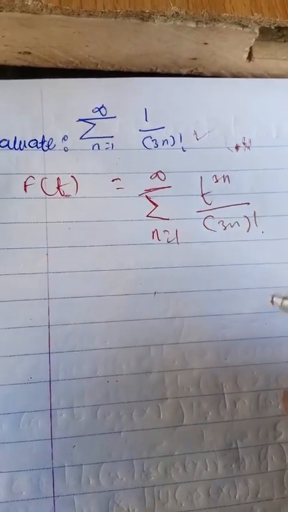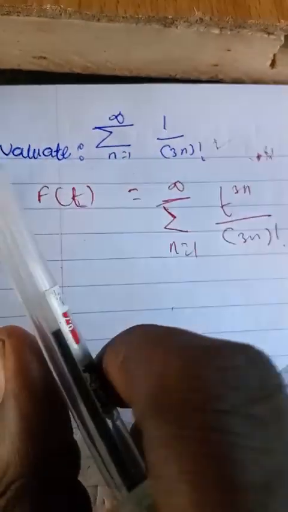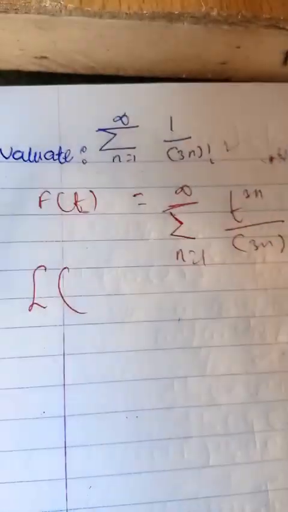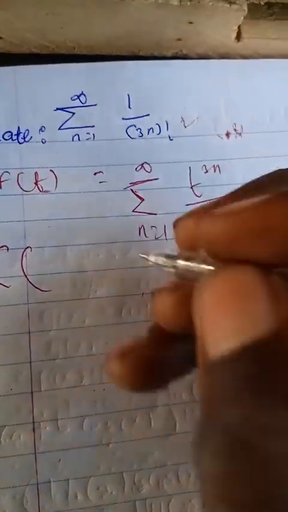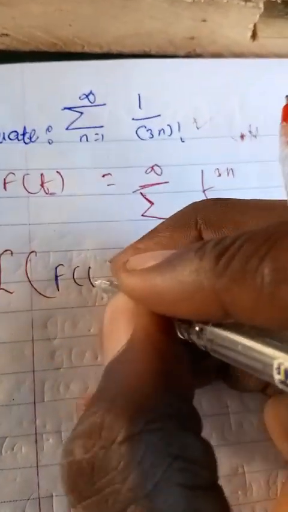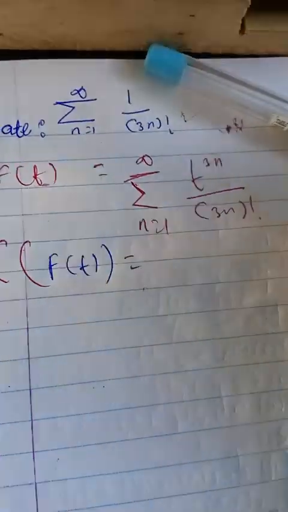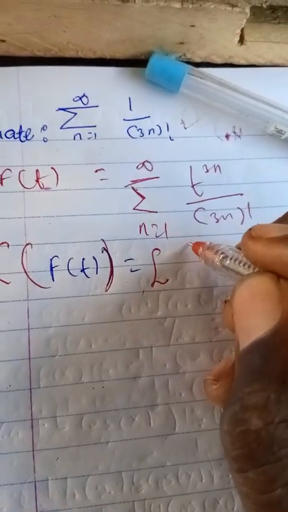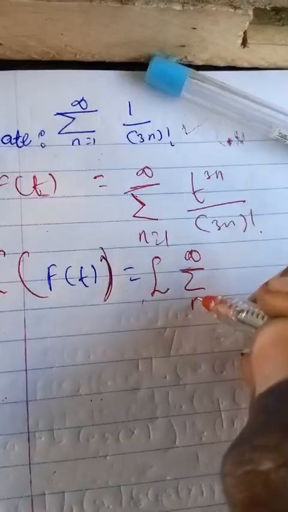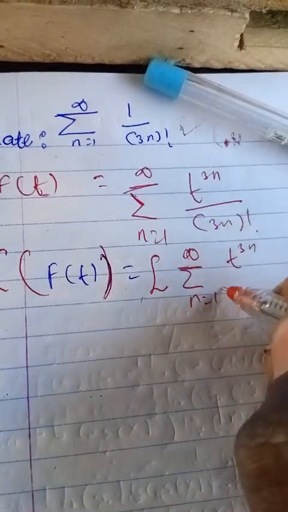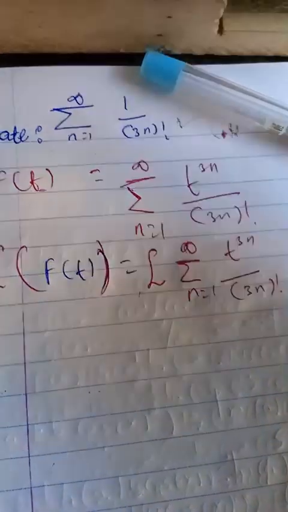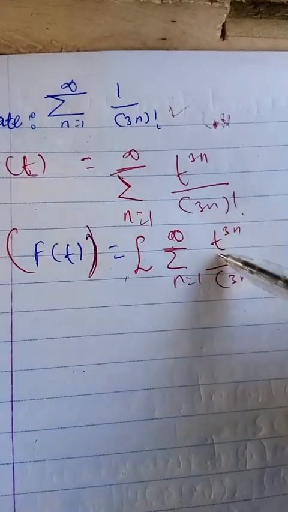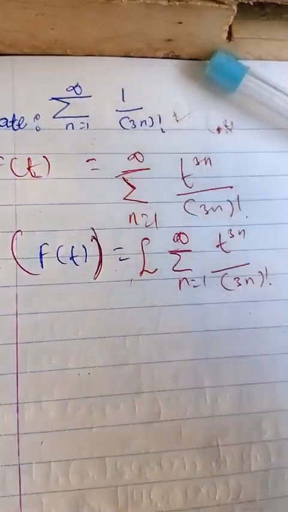So now let's take the Laplace transform of both sides. Taking the Laplace transform of both sides, I have the Laplace of f of t is equal to the Laplace transform of the sum of n running from 1 to infinity of t raised to the power of 3n over 3n factorial. Don't forget that we are dealing with function t, so we take the Laplace transform of t raised to the power of 3n.